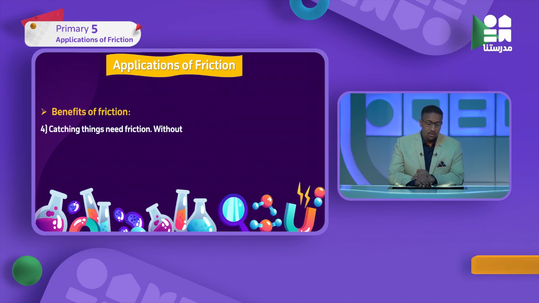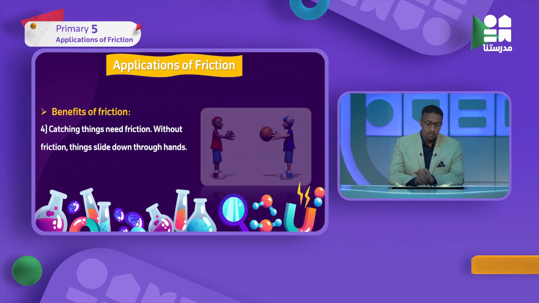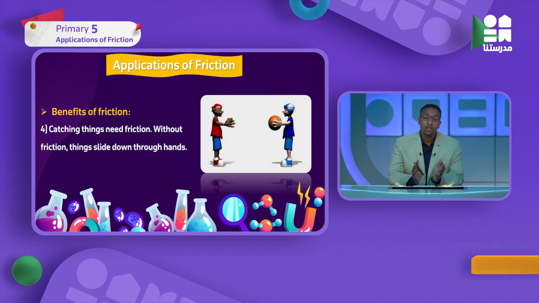Catching things needs friction, and without friction things slide down through our hands. لو احنا محتاجين we need to catch a ball. So how can we do that without friction?